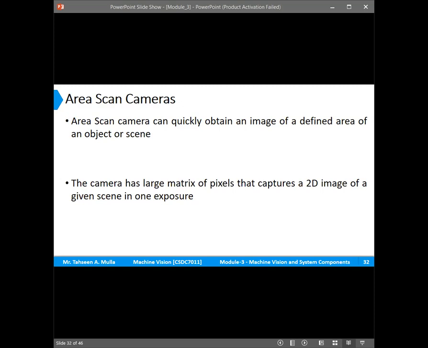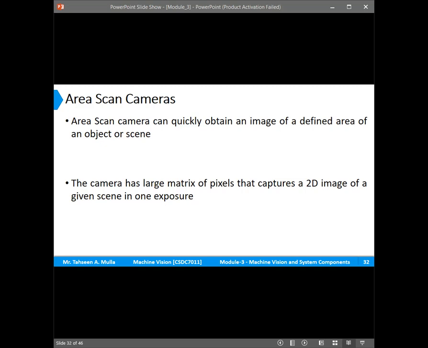Now, pixels in the form of a matrix capture a 2D image of a given scene in one exposure. This is very important. If you have multiple exposures using area scan cameras, there will be multiple images. If you capture multiple rows of pixels in one exposure, the multiple rows of those pixels need to be collaborated and synchronized to form one image, right?